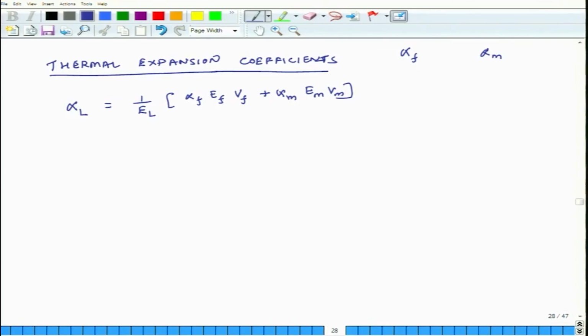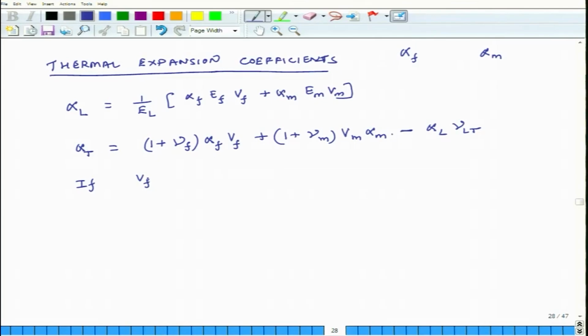So, this is in the longitudinal direction, and in the transverse direction it is (1 plus Poisson's ratio of the fiber) times alpha F VF plus (1 plus Poisson's ratio of the matrix) times VM alpha M, minus alpha L nu LT.